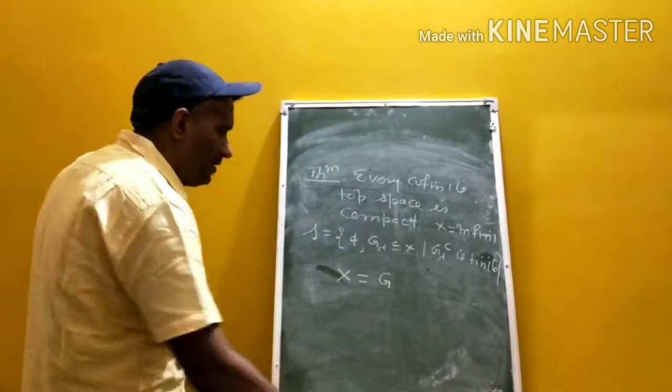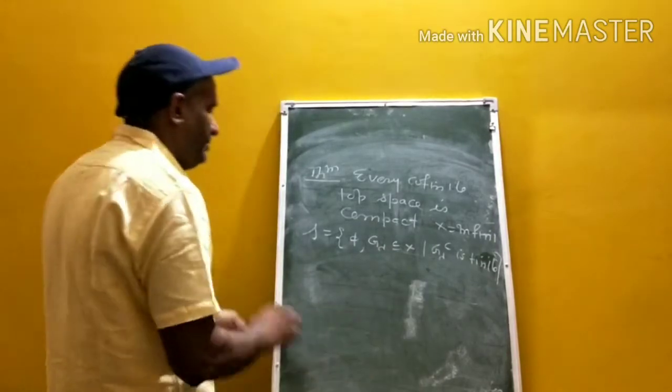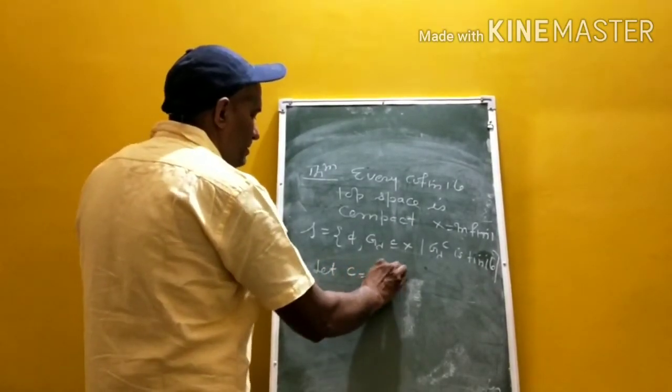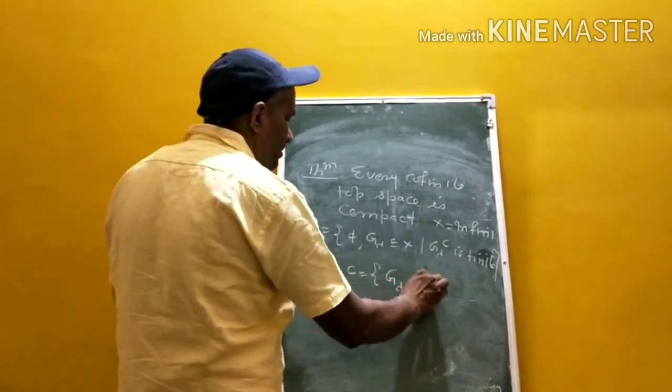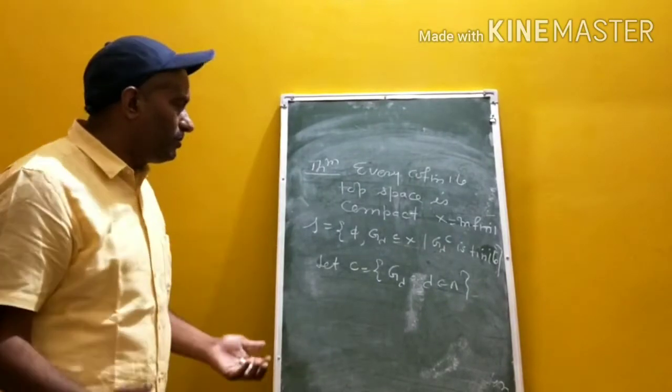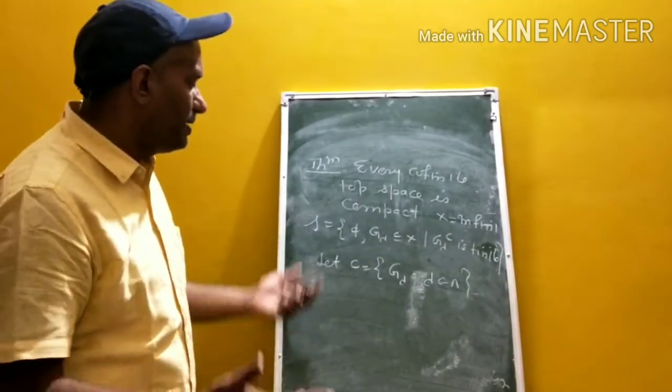So first we take its cover. Whenever we want to prove a set is compact, first we take its cover.